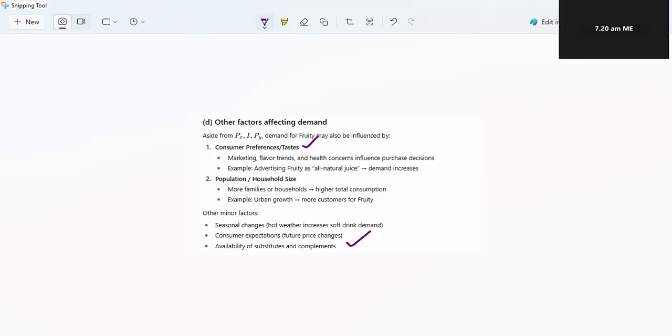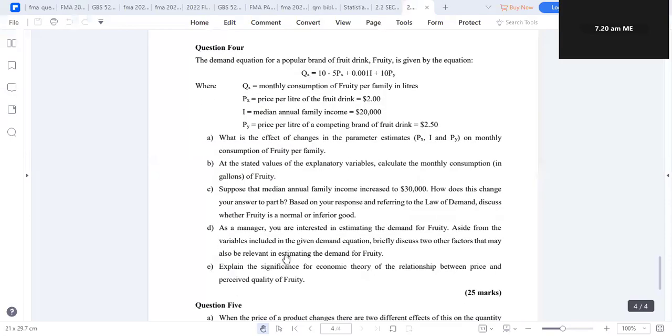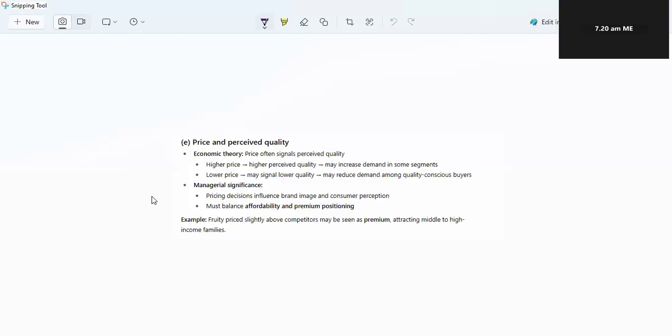So lastly but not the least, explain the significance for economic theory of the relationship between price and perceived quality. What is the relationship in economic theory between price and quality? The relationship between price and quality is such that a higher price is sometimes perceived to mean higher quality.